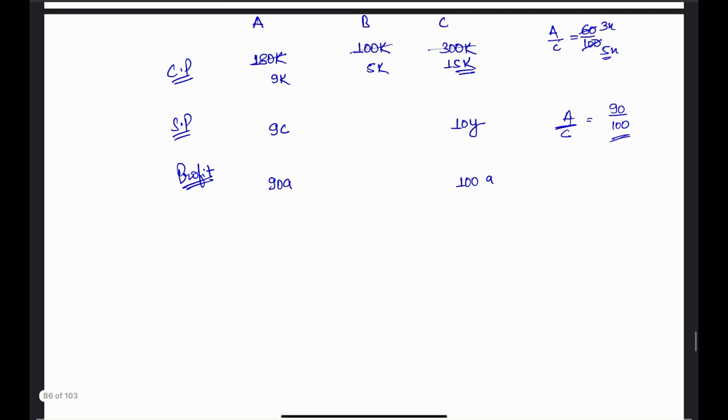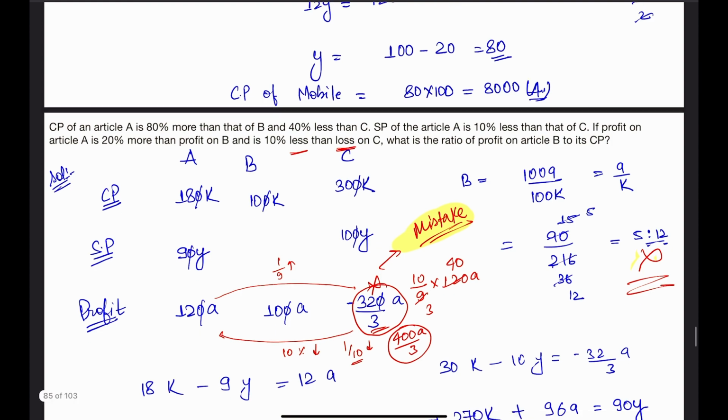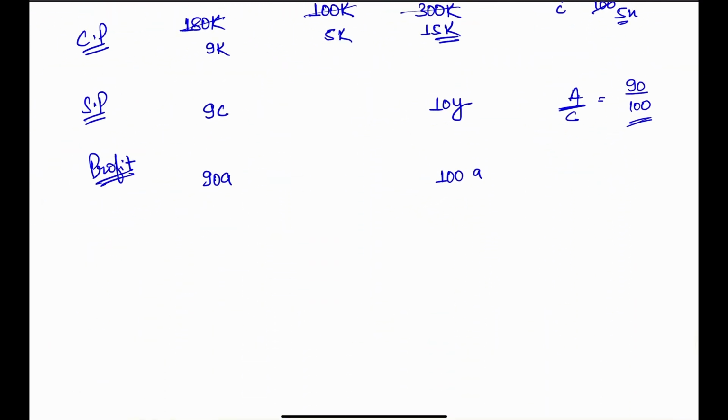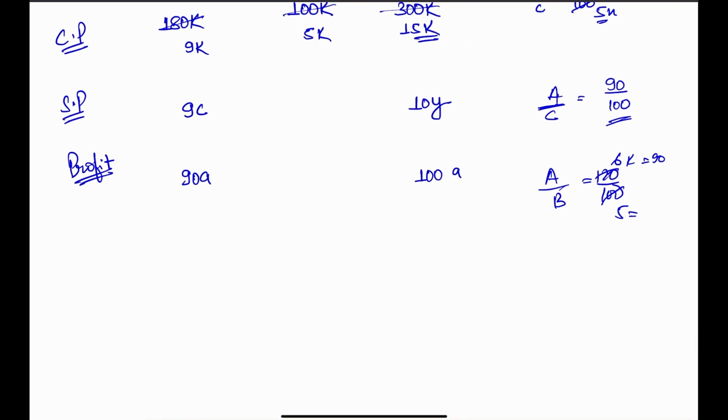Again, profit of A is 20% more than profit of B. So profit of A is more, that is 120 upon 100, so it will be 6 upon 5. So my 6k is equal to 90, so 5k equals 15 into 5, 75.